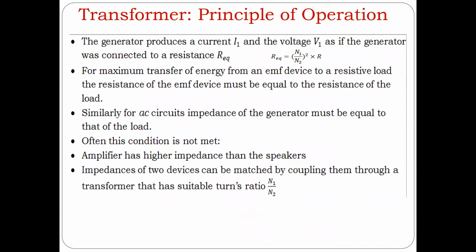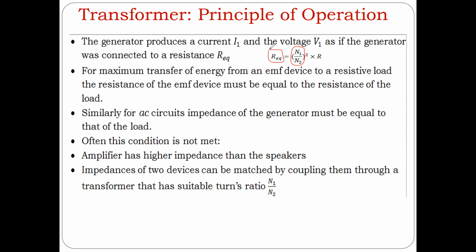The important thing is that if you change the turns ratio, you are able to change the resistance in the secondary circuit without actually changing the load. By simply changing the turns ratio, you can change the apparent load perceived by the supply, by the generator.